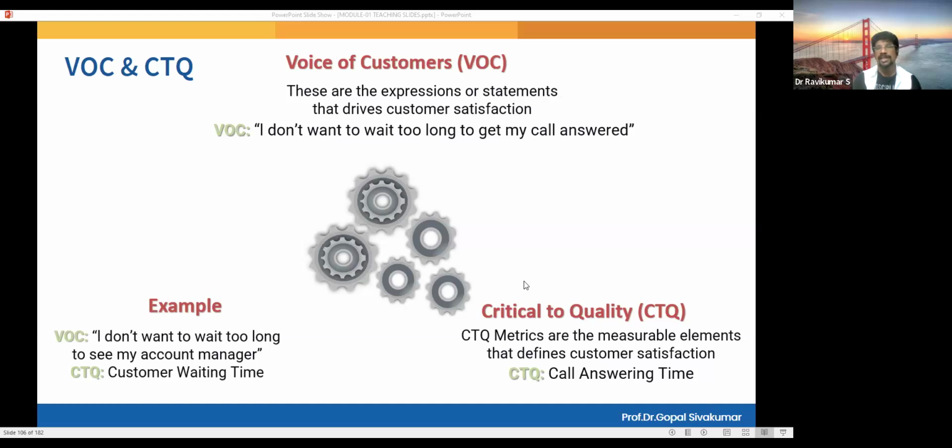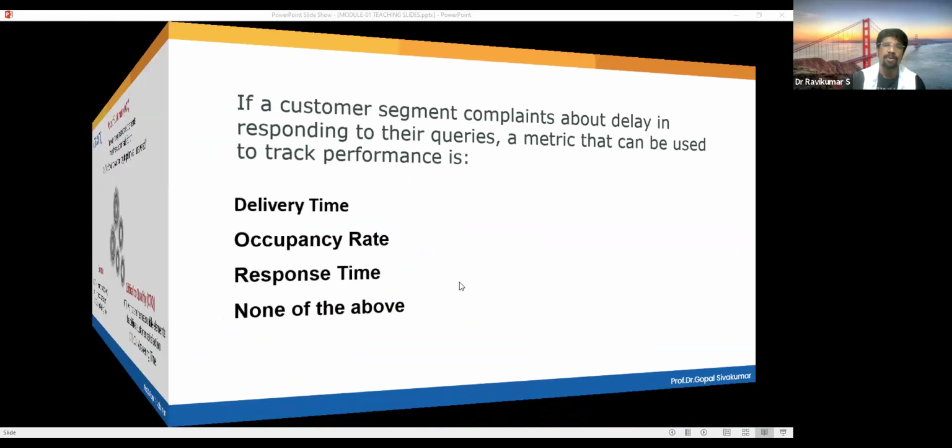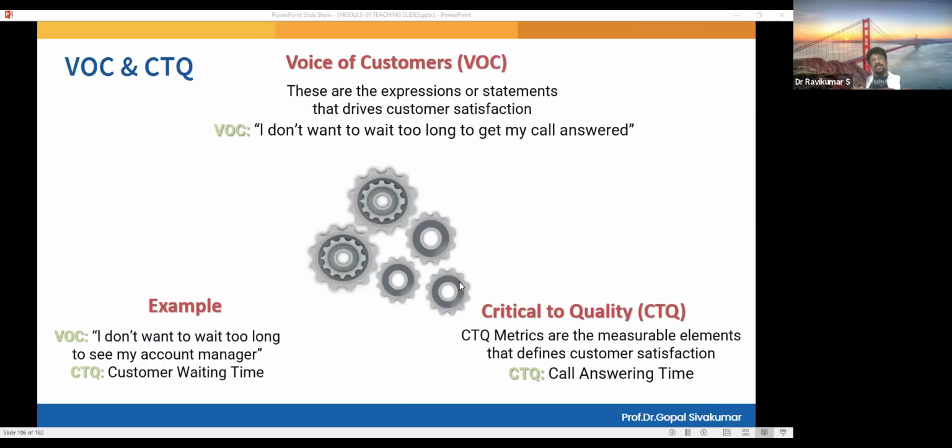Okay, so the CTQ metrics are measurable elements. How? See, the customer says, I don't want to wait too long to see my account manager. That means the waiting time in your process is more. The waiting time for seeing your manager is more. The waiting time to meet a higher official in your bank is very high.